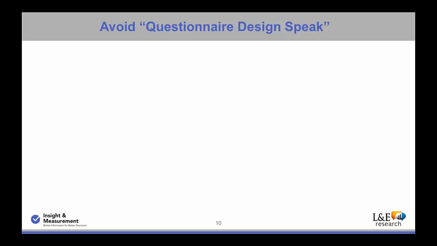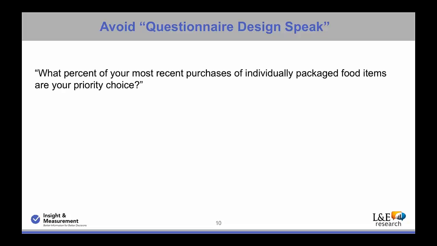I call it questionnaire design speak. There's a lot of bad habits in the industry where we see questions like this: what percent of your most recent purchases of individually packaged food items are your priority choice? By the way, I've got thousands of these in my office, questionnaires that get sent to me. What is an individually packaged food item?